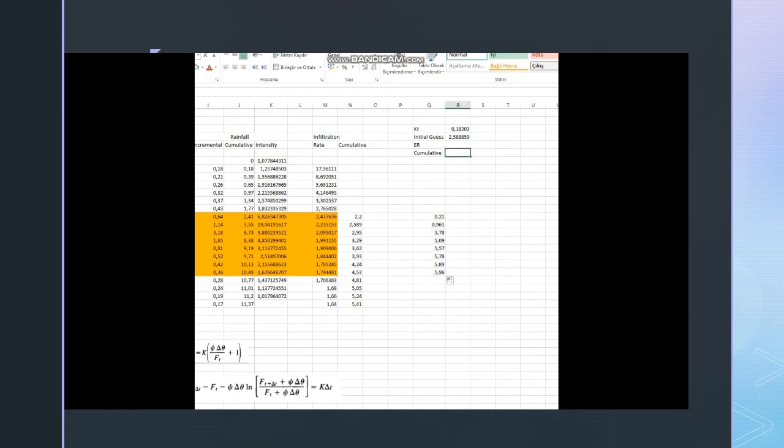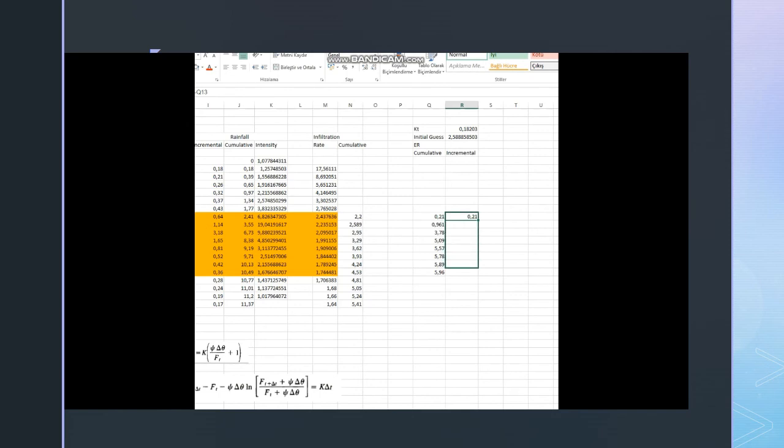This is cumulative. We can find the incremental. So how can we find the incremental? It is equal to this guy, the last one, minus the previous one. Previous one is 0 here, right? 0.21.